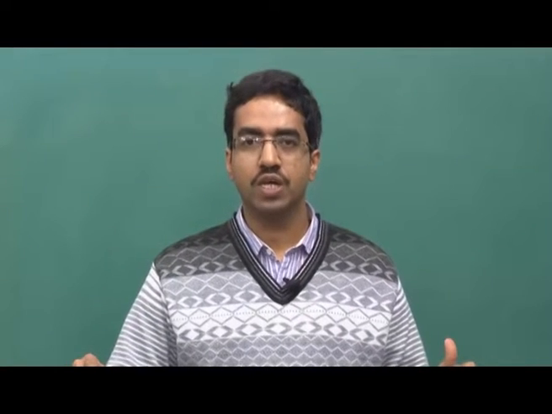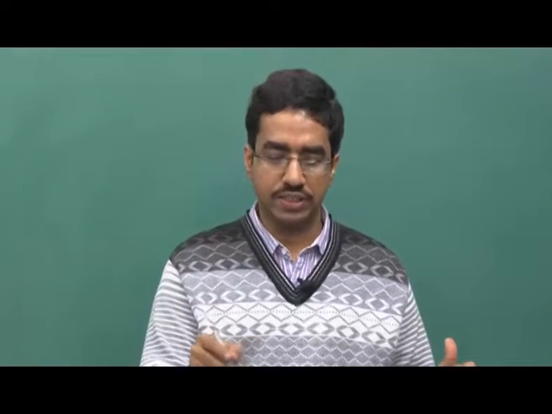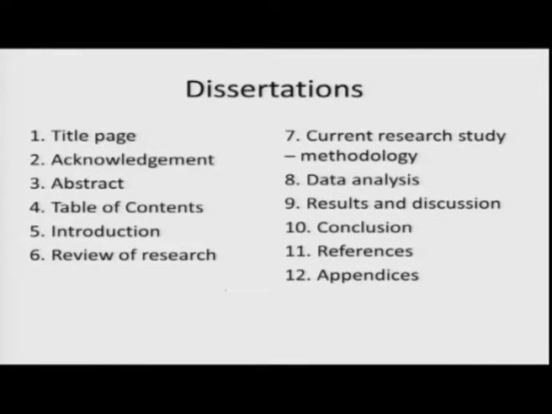So, dissertations are part of undergraduate programs, postgraduate programs, and definitely for a doctoral degree you need to submit a dissertation. A dissertation, as you can see, has the following components: a title page, acknowledgement, abstract, table of contents, then introduction, review of research, current research study, methodology, data analysis, results and discussion, conclusion, references and appendices.